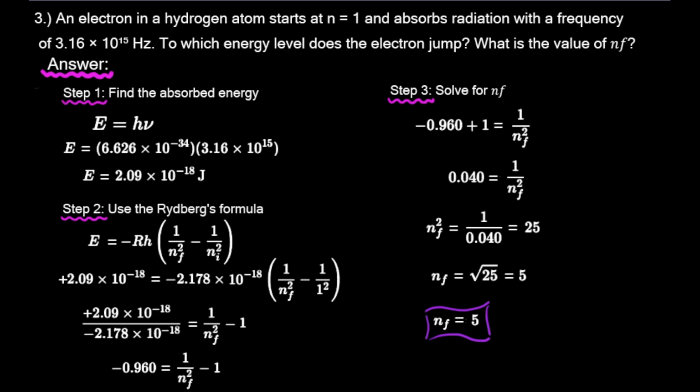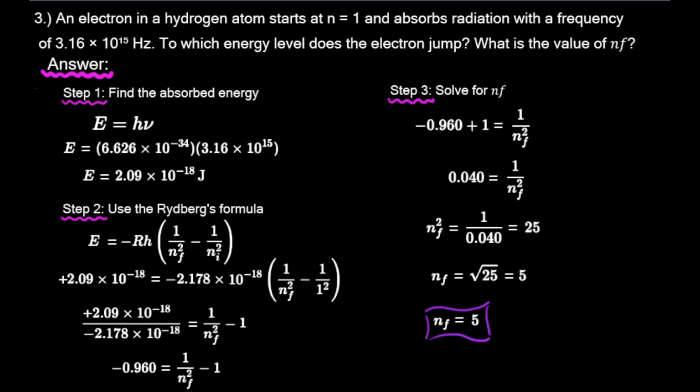We plug in our values and E becomes positive 2.09 times 10 to the minus 18. n initial is 1, so the equation becomes positive 2.09 times 10 to the minus 18 equals negative 2.178 times 10 to the minus 18 multiplied by the quantity 1 over n final squared minus 1.